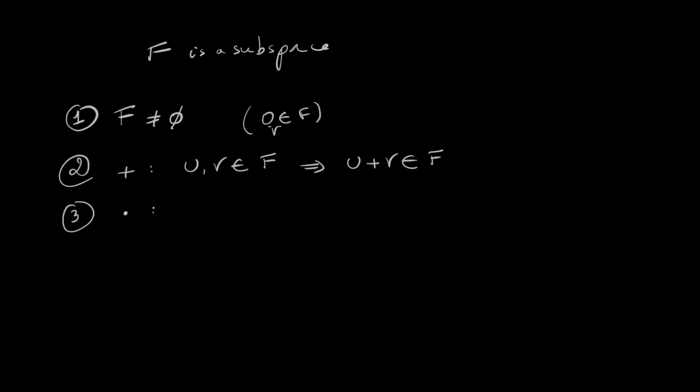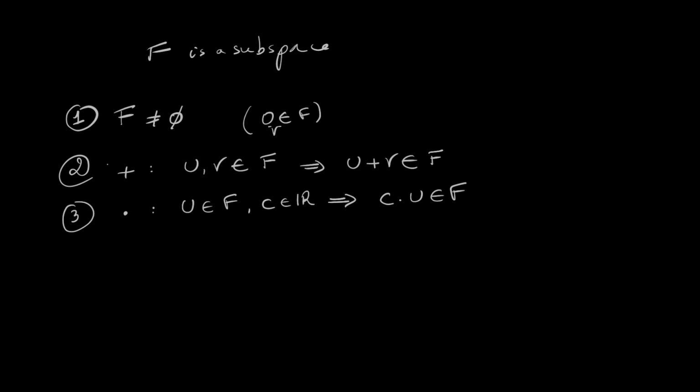To prove this, we take a vector u in our set, a scalar, generally a real number, and we have to prove that the product c times u is also in our set F.